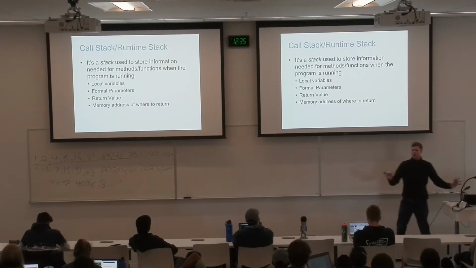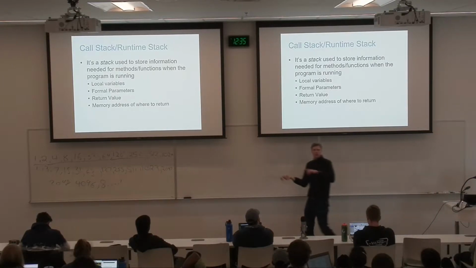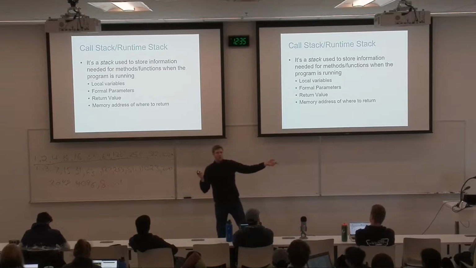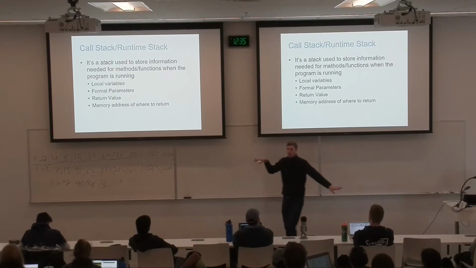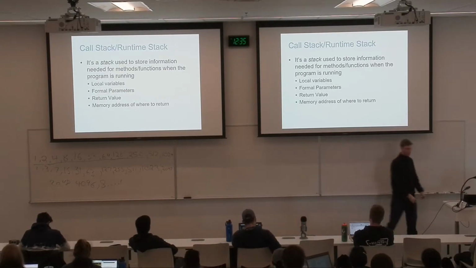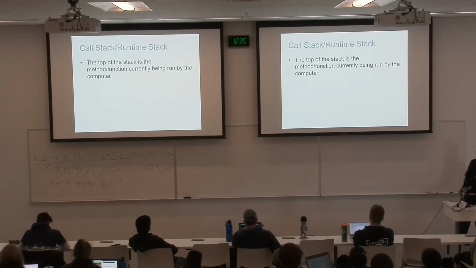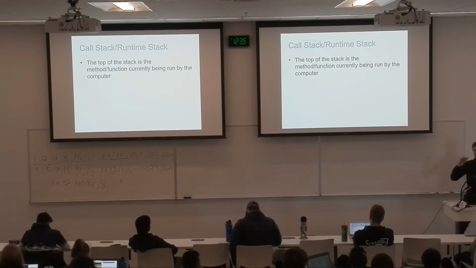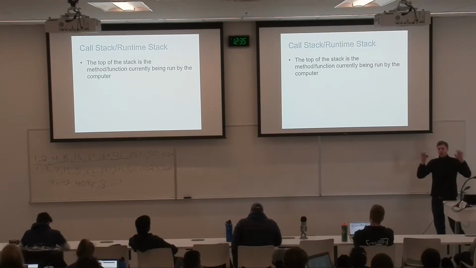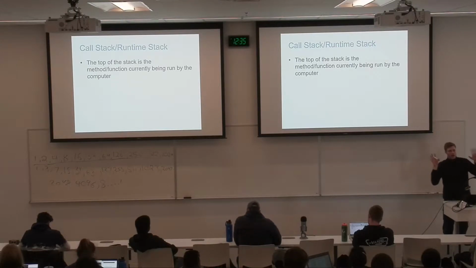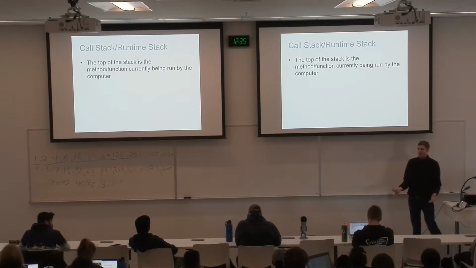Because remember that code is in RAM somewhere, so when it returns, it needs to know where to return to. Basically, it knows where to go once it's done. The top of the stack is what's currently being run by the computer. At any given time, the thing on the top of the stack is where it is. The bottom of the stack is going to be our main.